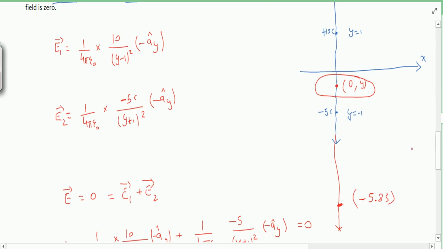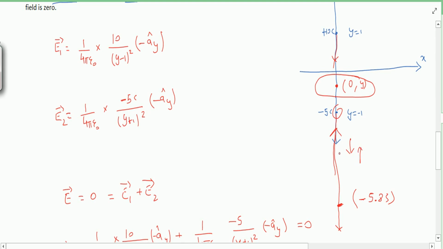Now, why are there two points where the electric field is 0? Here it is a positive charge and here it is a negative charge. The direction of the electric field due to the positive charge is outward, and for the negative charge it is inward, toward the charge. So if we extend further, the field due to the positive charge points this way and the field due to the negative charge points that way.